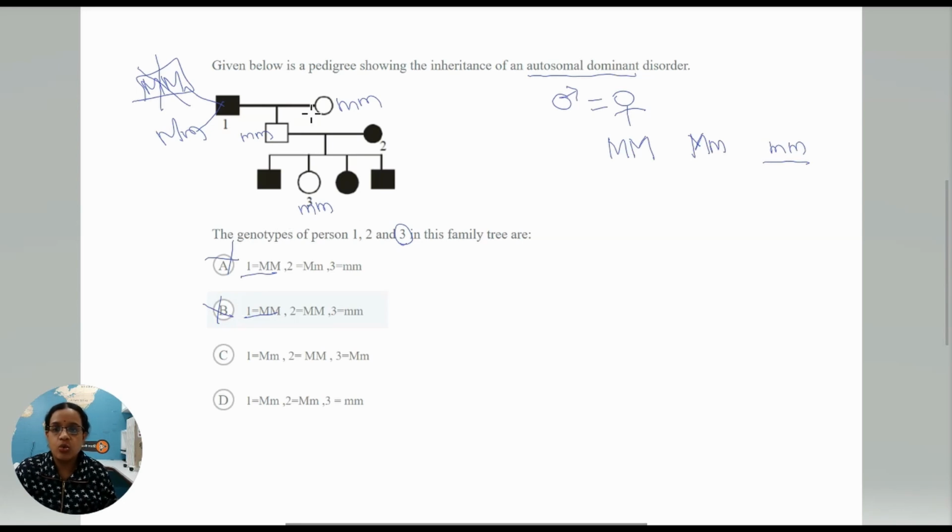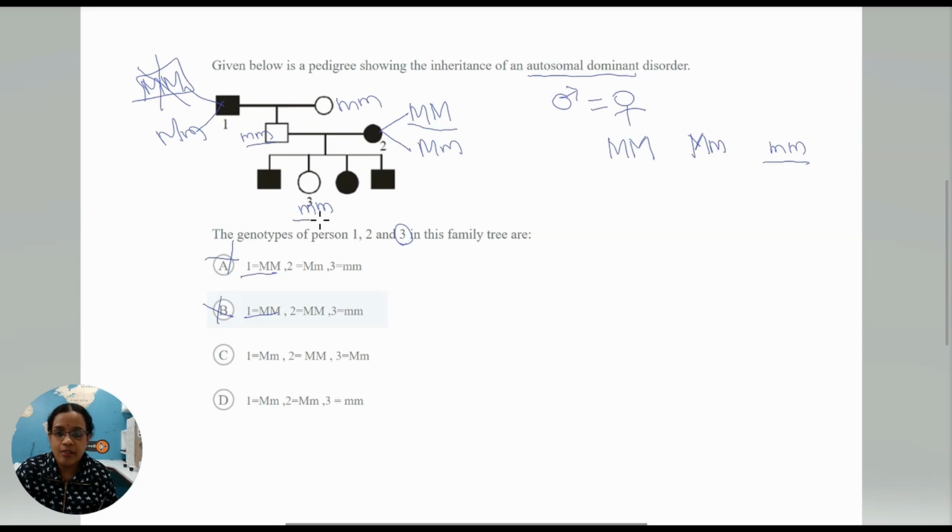Now let's go to person 2. Again, in the same way, the possibilities are only two: homozygous dominant and heterozygous. Here you have capital M capital M paired with small m small m. When these two are paired, all the progeny will be heterozygous, which means all of them will be affected.